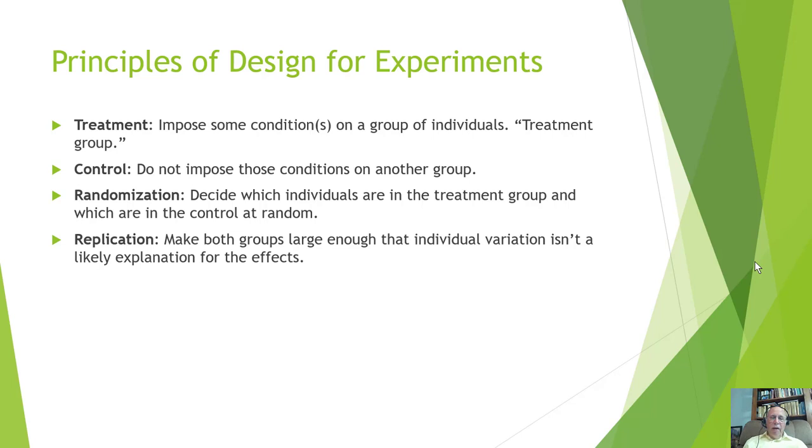That means you decide which individuals are in the treatment group and which individuals are in the control group at random. And finally, the principle of replication. Both the treatment and the control group must have enough individuals present that individual variation isn't likely to explain the results that we seek.